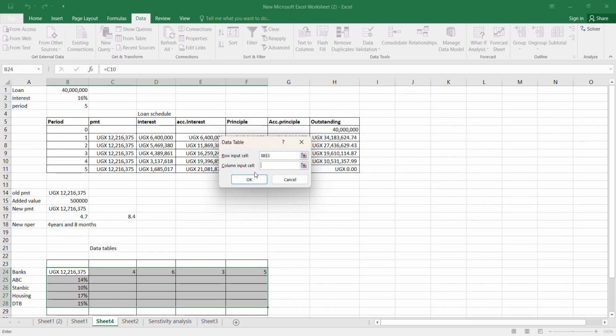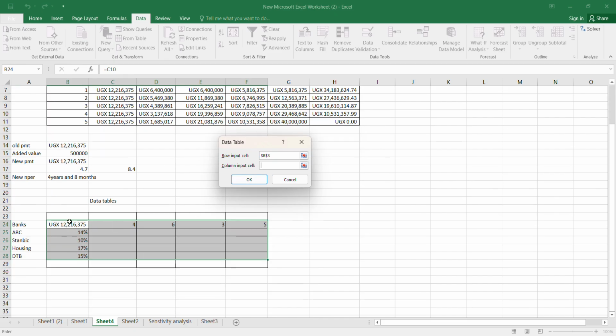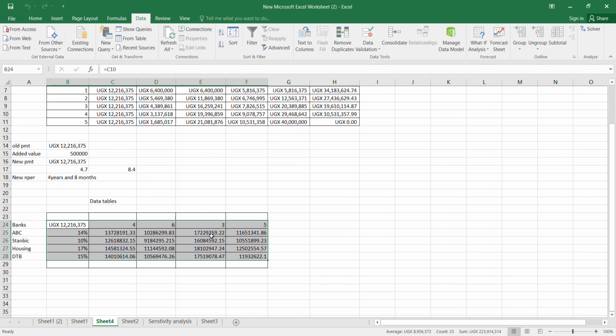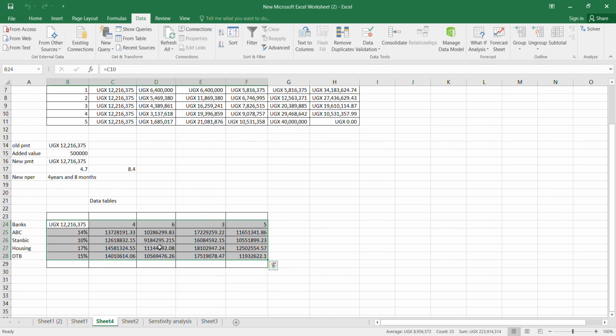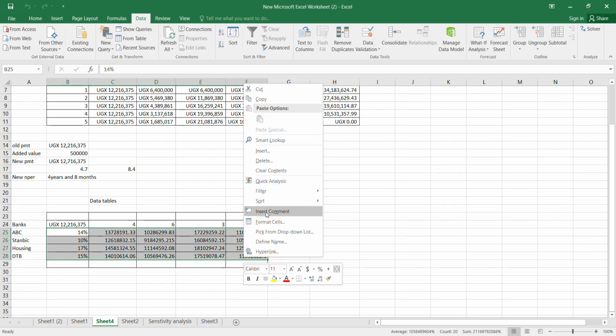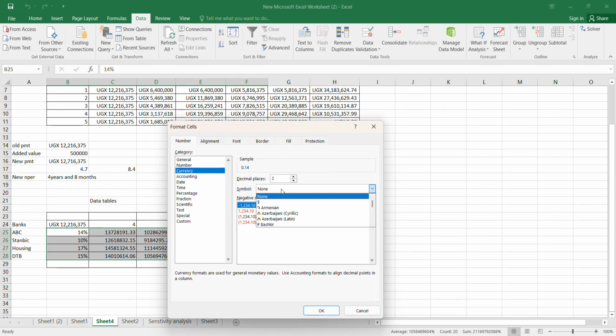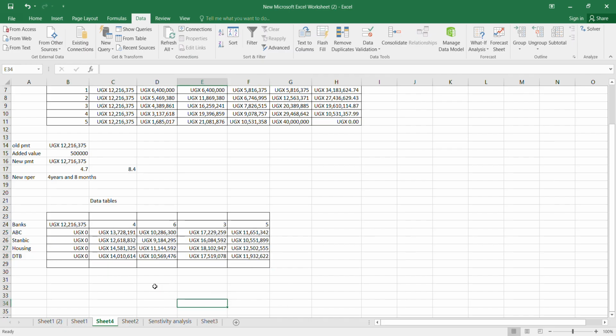Then they will ask us what is in our column input cell. These are the columns. We have the percentage, so we shall put in the percentage here. Then press OK. Then we shall highlight this. We format the cells to currency UGX, reduce the decimals, and press OK. So this is data tables.